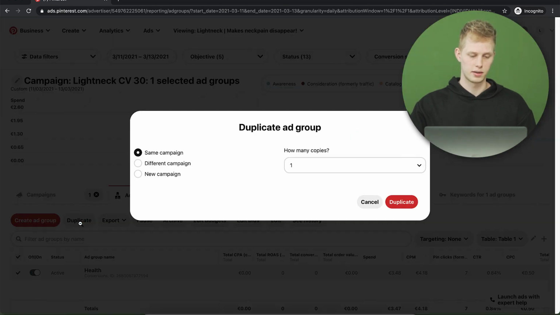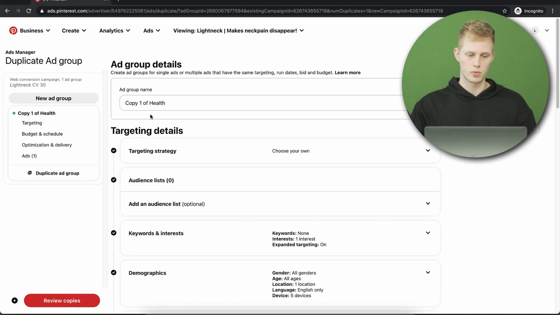Then we can duplicate it, and here we have a profit margin of $30.